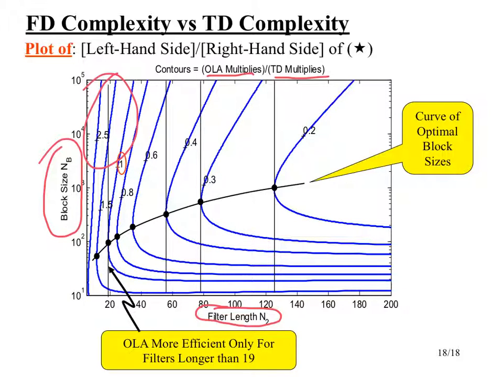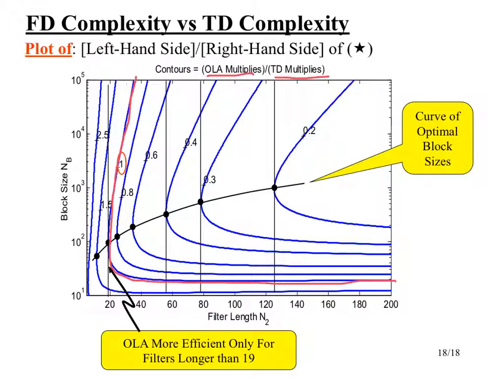Let me get back over here and try to erase some of this. I've highlighted with a red circle the contour that is equal to 1, and you can see that goes here. So that's our contour where that ratio is equal to 1. Everything in the upper right corner relative to that contour is going to be a ratio of less than 1, and everything to the left and below that curve will be ratios that are higher than 1.